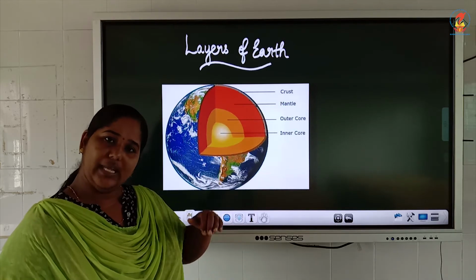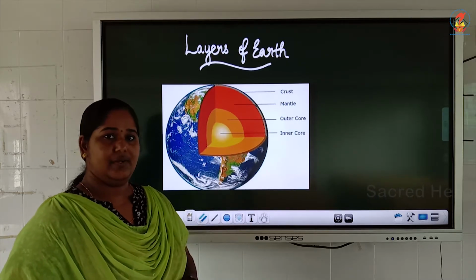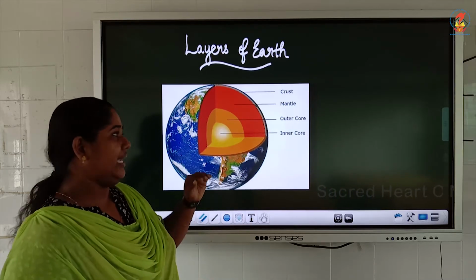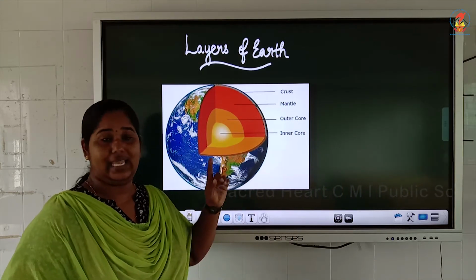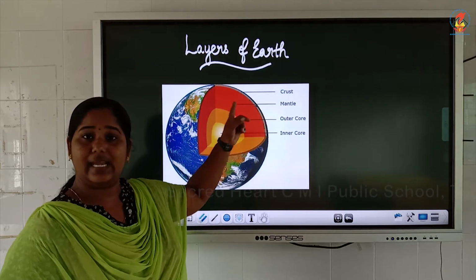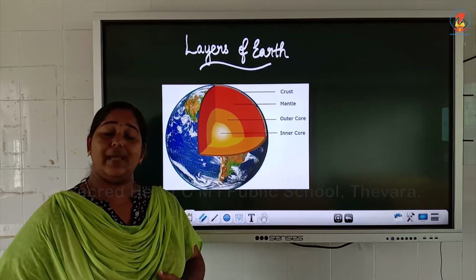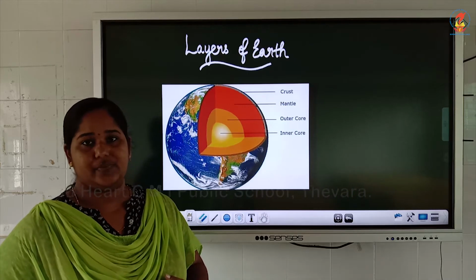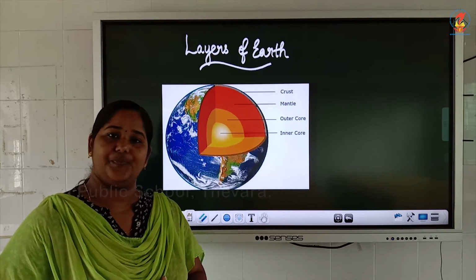When we go inside, into the inner layer from the crust, we can see that there is a layer called mantle, the second layer, inside the crust. Mantle contains rocks, metals and minerals. It has huge deposits of natural resources.